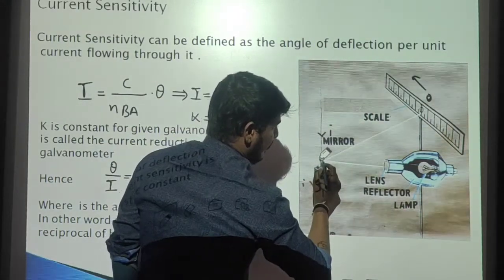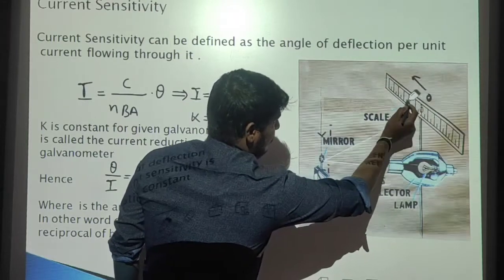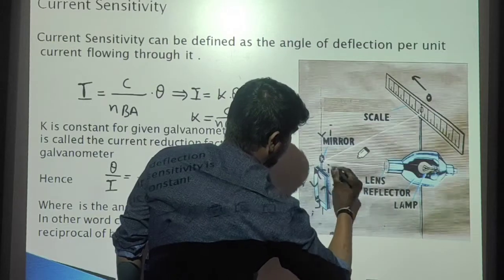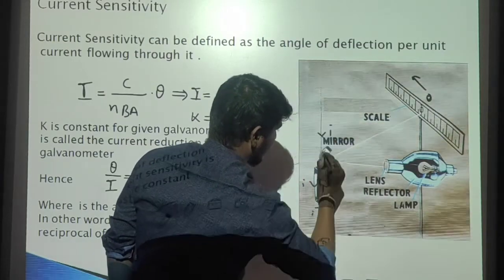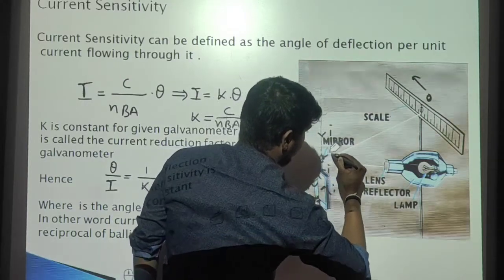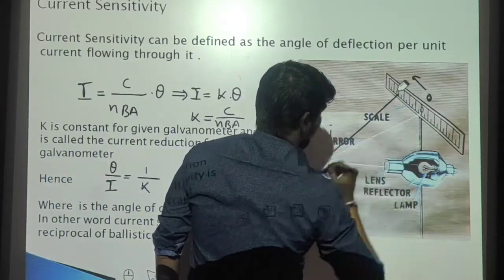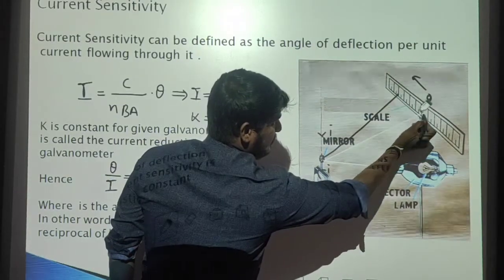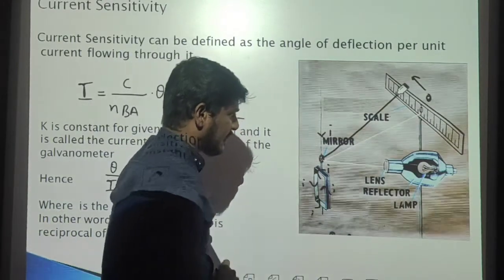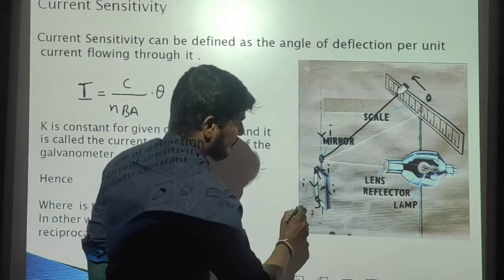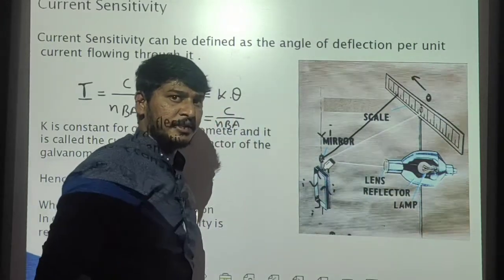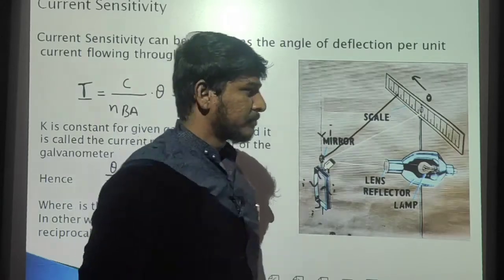The light reflected from the mirror will be incident on the scale at a different position. When the suspension strip gets twisted, the light reflected from the mirror changes its direction, and this gives the deflection θ. Simple. Current sensitivity is the amount of deflection produced per unit current.